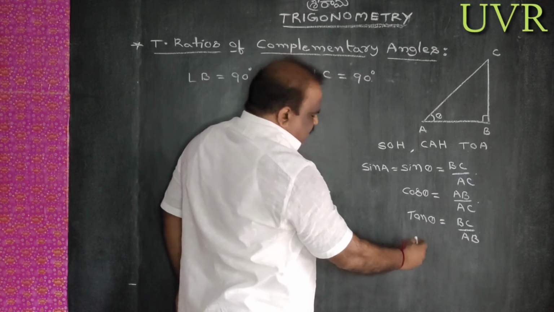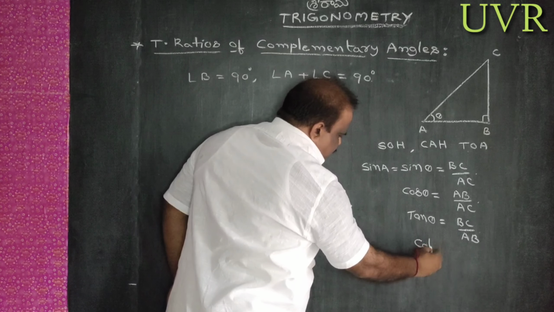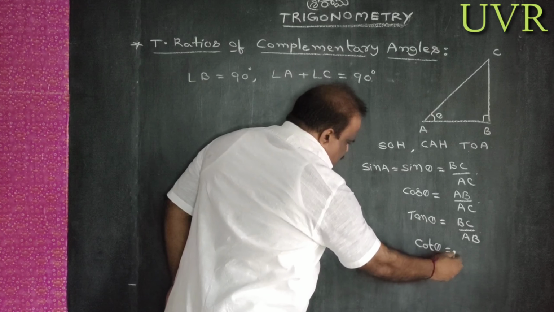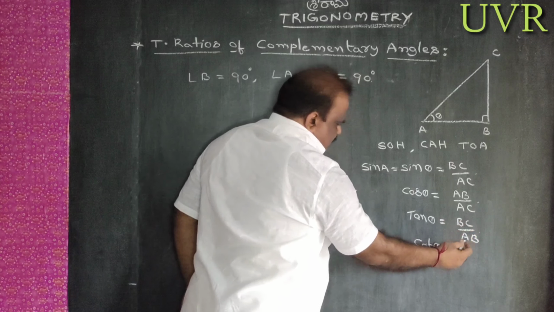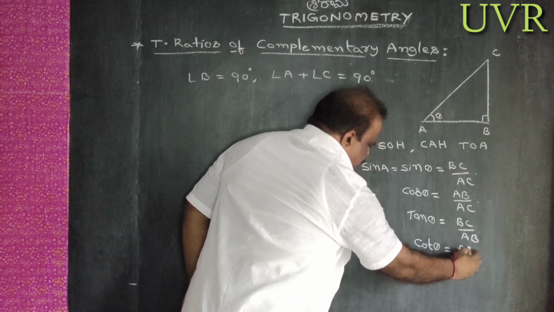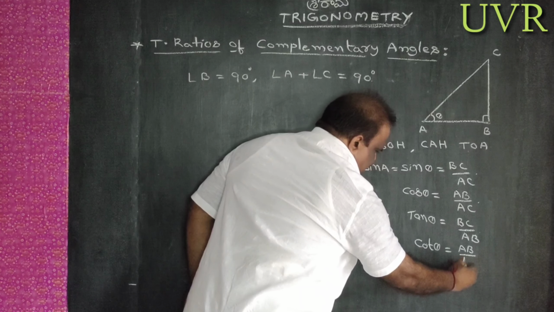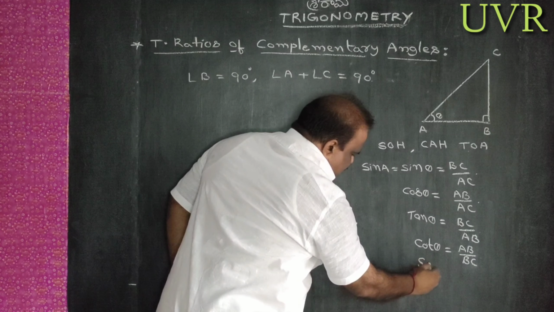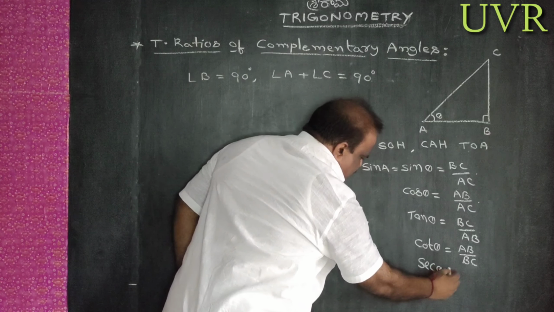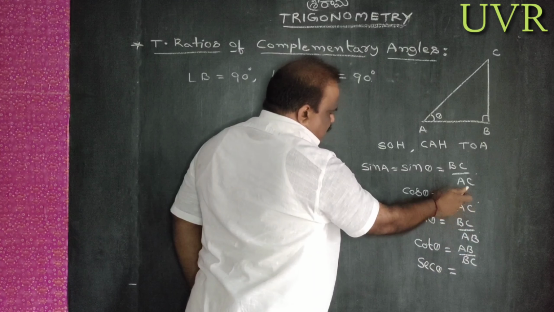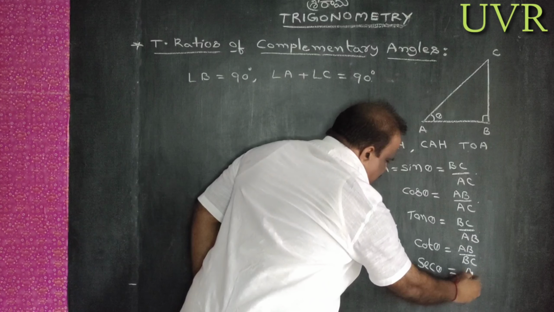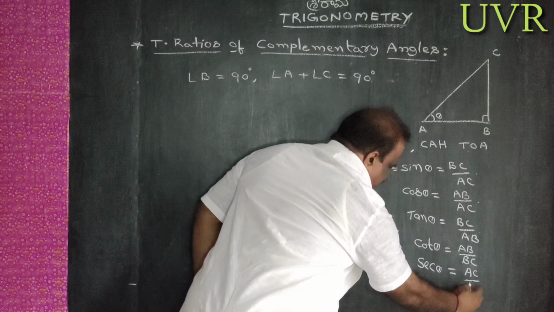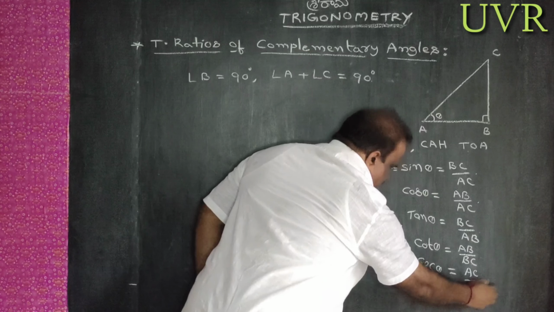And the definition of cot is cot theta is equal to reciprocal of tan, AB by BC. And sec theta, or secant theta, is the reciprocal of cos, AC by AB.